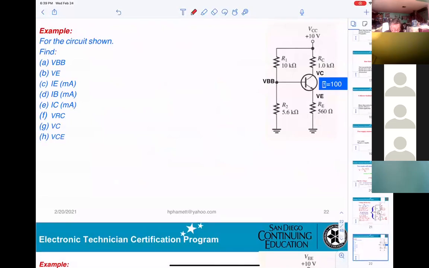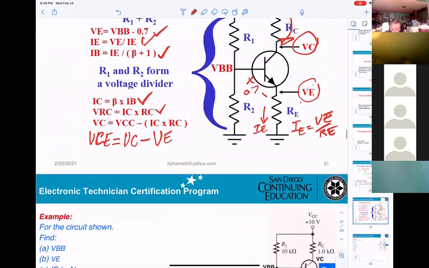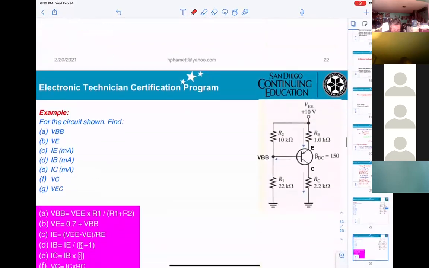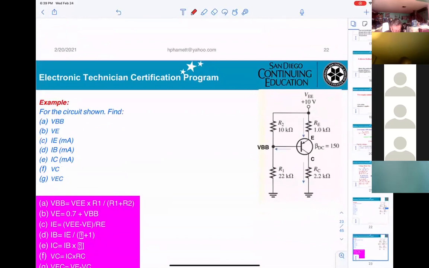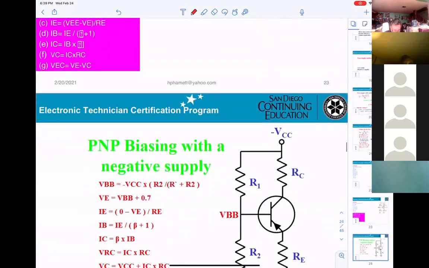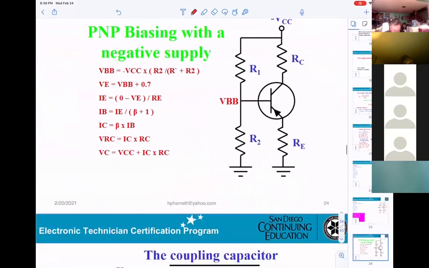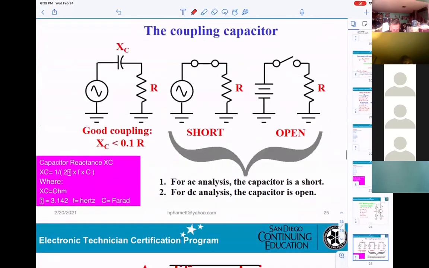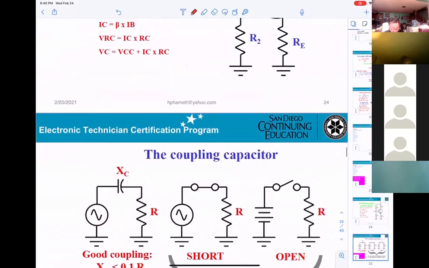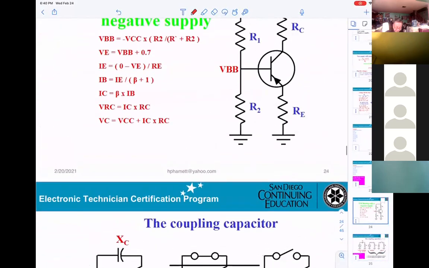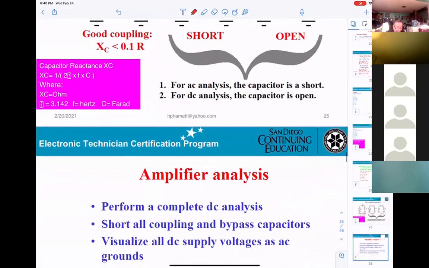Next week I will tell you about the calculation and the formula we already gave you here. The next one will be PNP, okay? Now we are done with the DC bias, and next week we start with the amplifier.